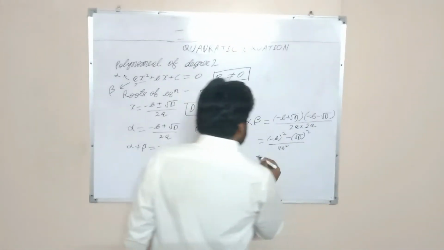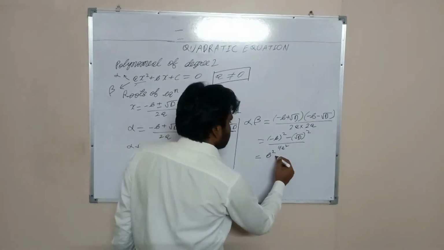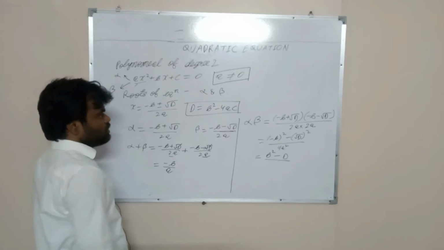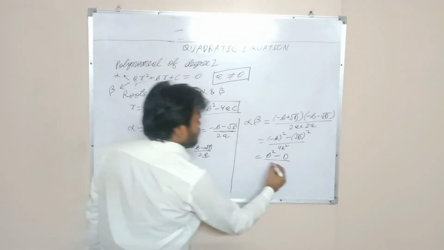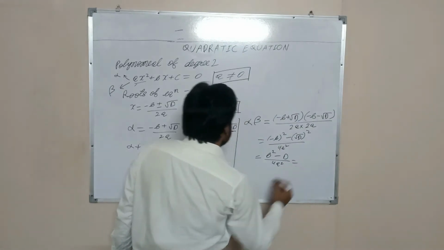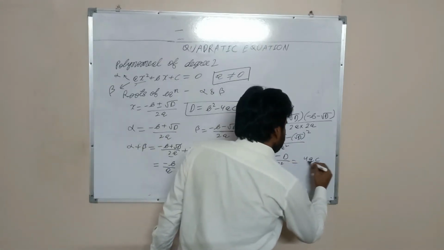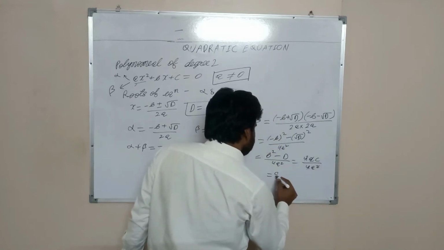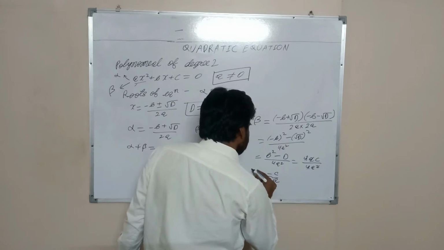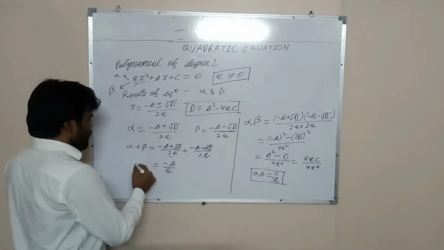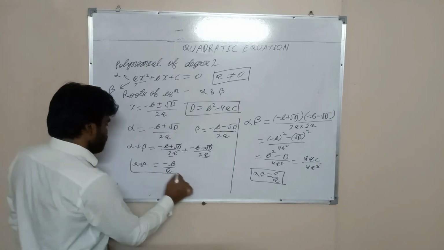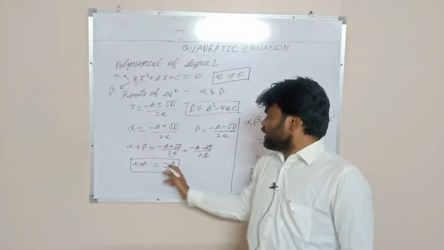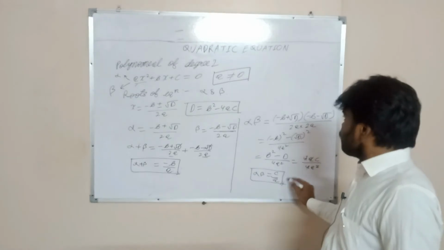Now minus b square minus d, where d is b square minus 4ac. So when we do b square minus b square plus 4ac upon 4a square, the b squares cancel and 4a cancels out. So finally it is c upon a. So alpha beta is c upon a, and alpha plus beta is minus b upon a. So here we see the sum of roots is minus b upon a and the product of roots is c upon a.